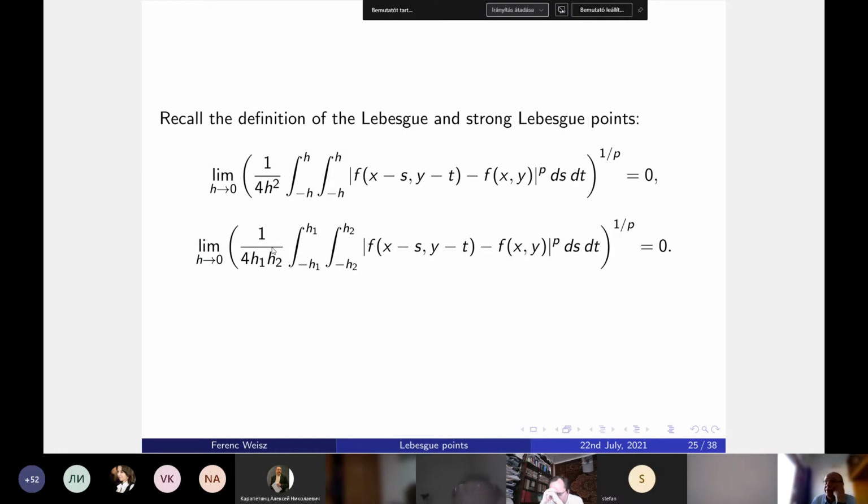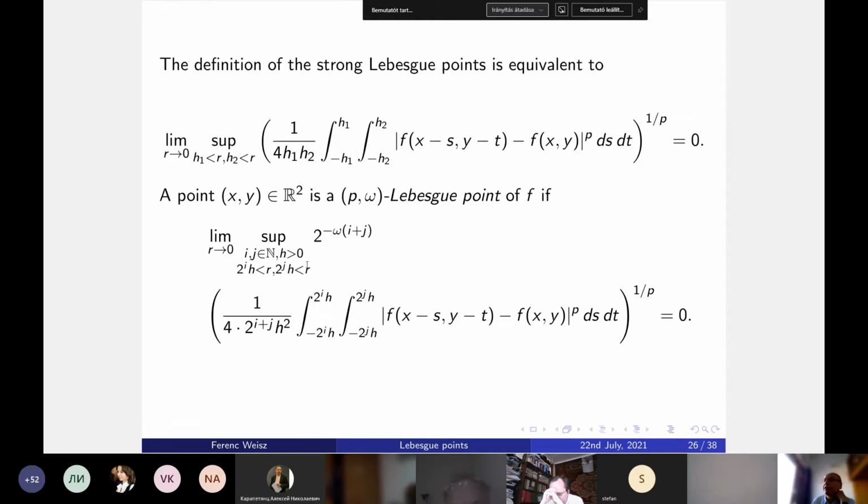This was the definition of the p-Lebesgue points, and this the definition of the strong p-Lebesgue points. We can write the second definition in the next form. We take first the supremum over all h1 smaller than r, h2 smaller than r, and then the limit as r goes to 0. Using this form, we can introduce a new Lebesgue point, the concept of the p-omega Lebesgue points.